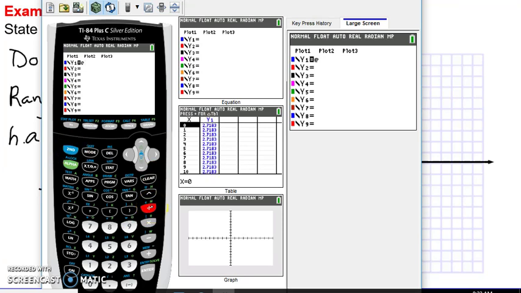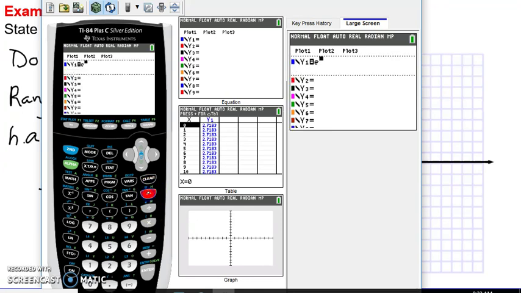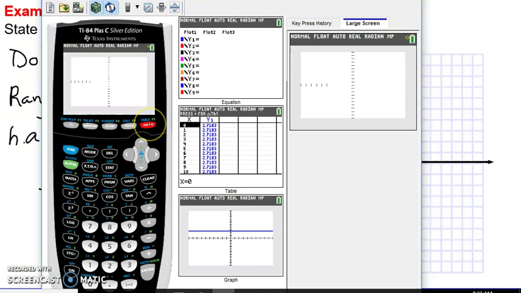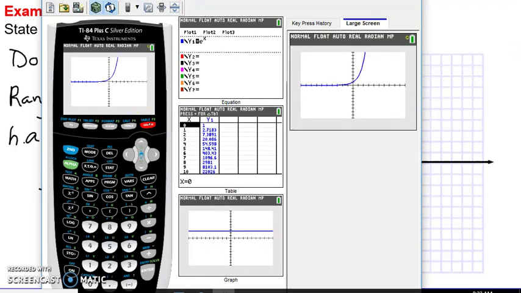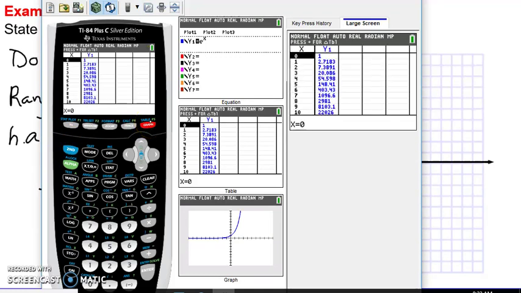Notice how it gives me the e. Then the caret sign, which will be to the x power, and I'll graph it. Notice here's the graph. Also, if you want to see the table, we'll do second graph to see our table.